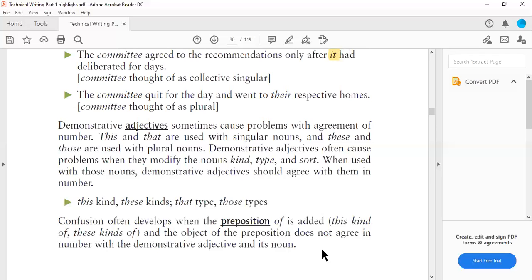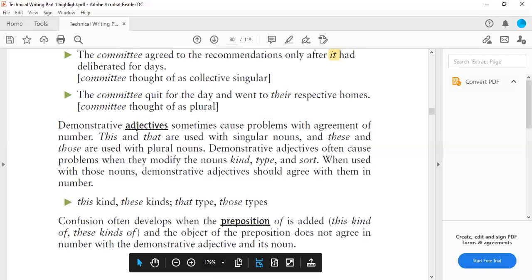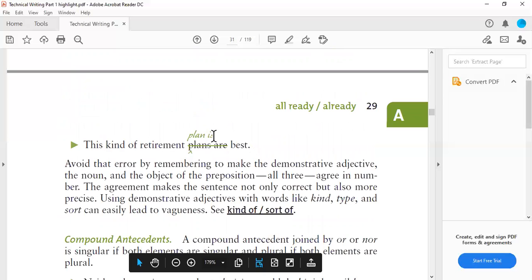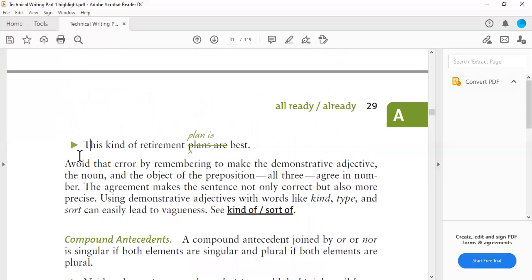Confusion often arises when the preposition "of" is added: this kind of, these kinds of, and the object of the preposition. I think we explained this before. So "this kind of retirement plan": we use "plan" because of "this kind". If it was "these kinds", then we have to change this.